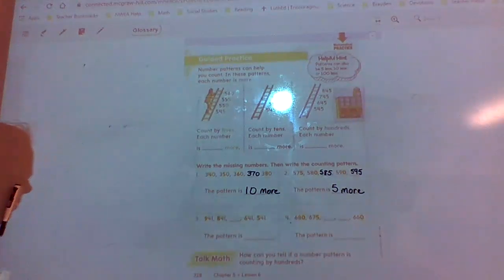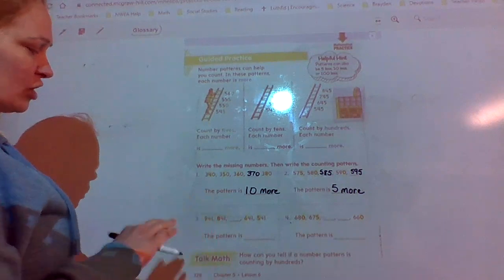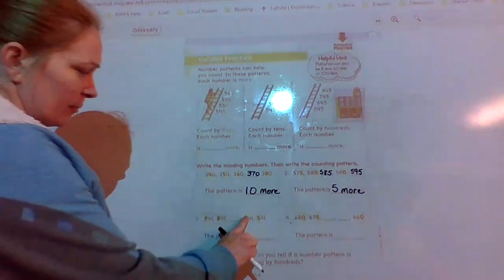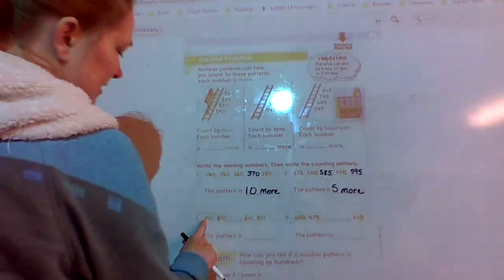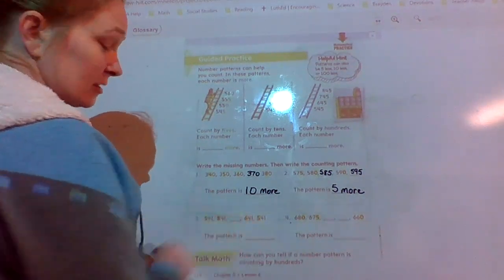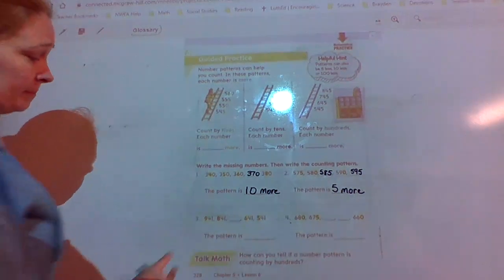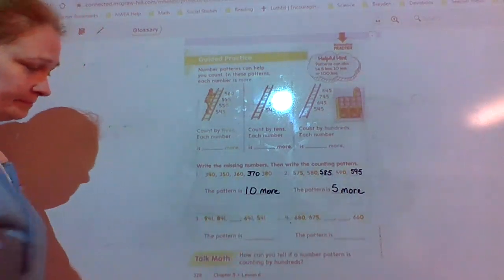Okay? When we're looking at the patterns, we can tell that the pattern is counting by hundreds if we just look at this first number. Okay? Even if it wasn't highlighted, you should be able to tell that because the numbers in the first place, which is the hundreds place in a 3-digit number, that's the one that's changing.